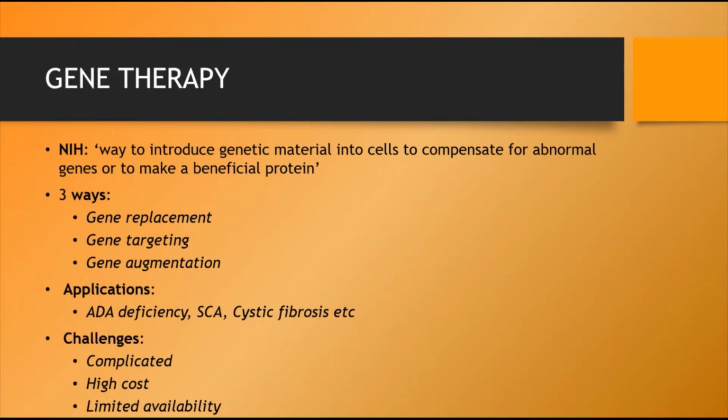Now, what is the application of gene therapy in human genetics? So, what is gene therapy? First of all, the National Institutes of Health defines gene therapy as a way to introduce genetic material into cells to compensate for abnormal genes or to make a beneficial protein, right?